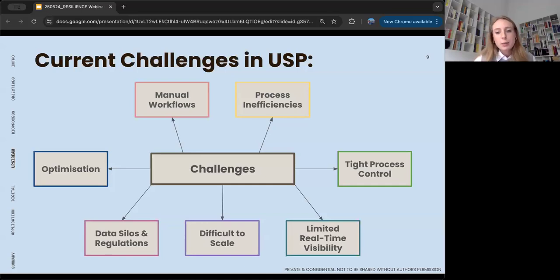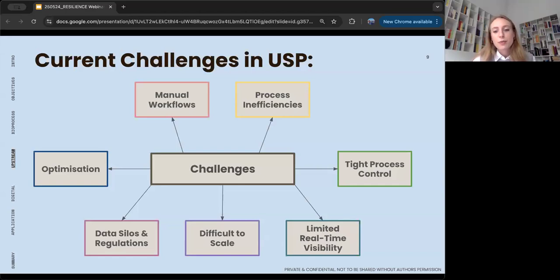But maintaining that temperature at scale could be very energy intensive and hard to control. So, therefore, in these early stages, the decisions that are made need to be robust. Otherwise, scale up becomes a lot more difficult, which could potentially lead to delays, added costs, or again, failed batches further down the line. So these were some of the key challenges that we are currently facing in upstream processing.